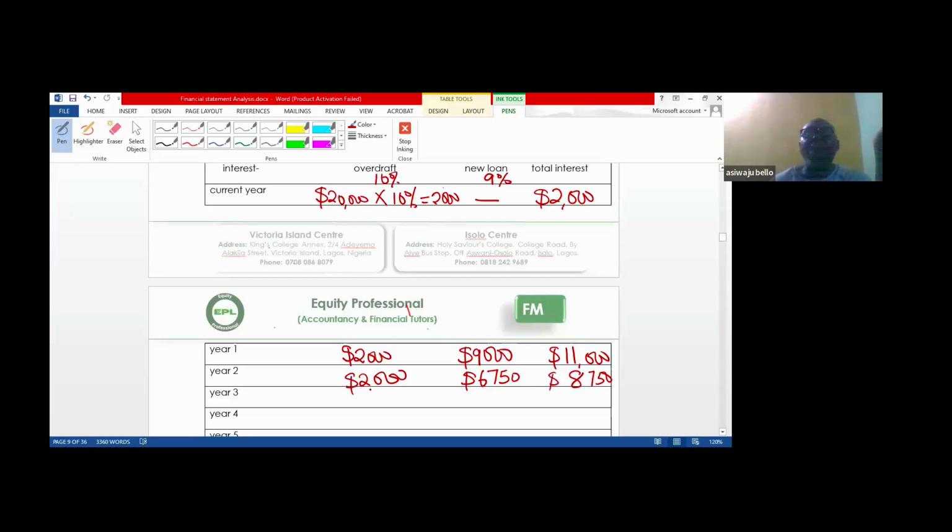The interest on overdraft plus the interest on new loan.